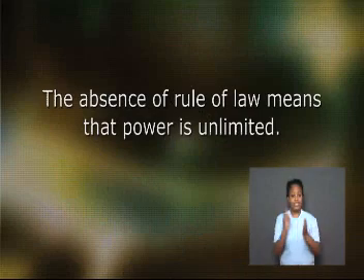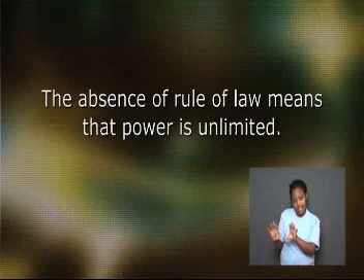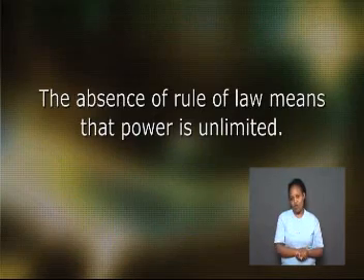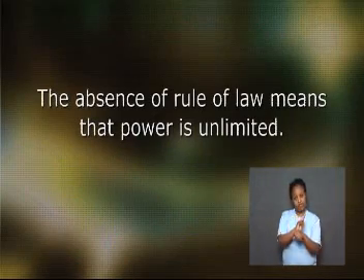This example shows us that when rule of law fails, human rights are violated. The absence of rule of law means that power is unlimited, which can put citizens in danger. Where there is no rule of law, there can be no justice.